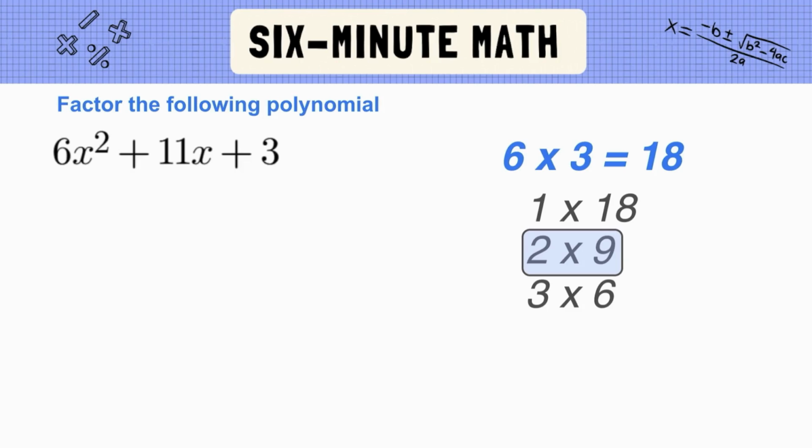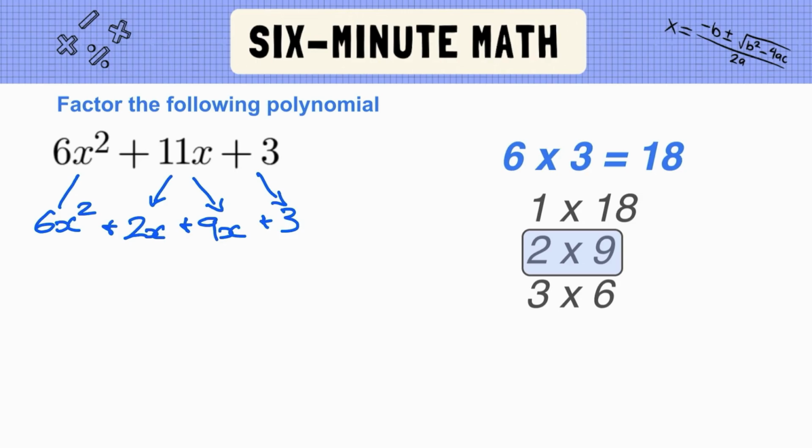So we are going to split our b value up into 2x and 9x. Both of those are a positive, and then we can drop our a and our c values.